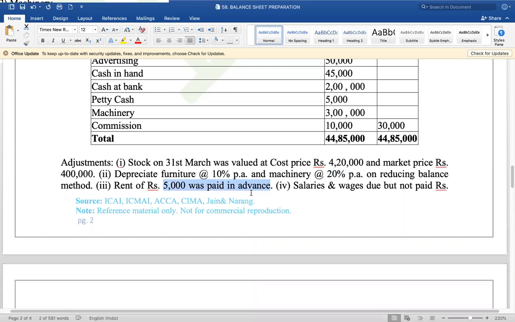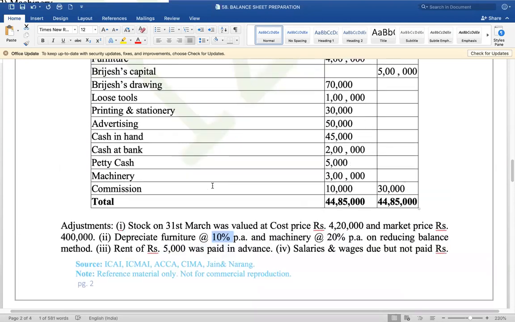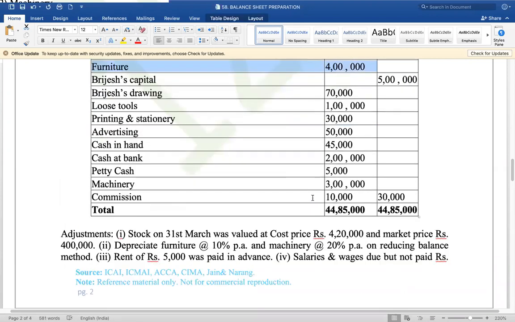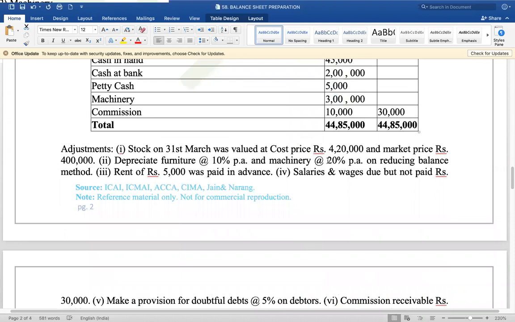And we calculate 10% on furniture. Where is furniture? Yeah, this is furniture. 10% on this, 4 lakhs, is 40,000. And on machinery, 3 lakhs is the machinery. On this, 20% is 60,000 depreciation. This is on the reducing balance method. Fine.